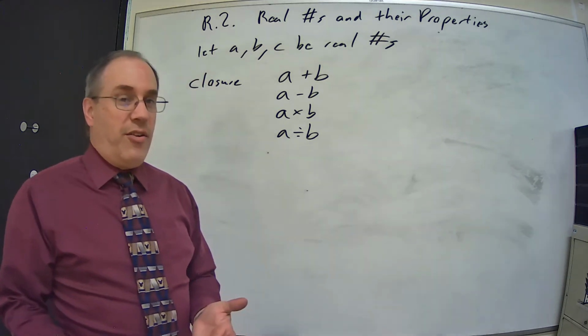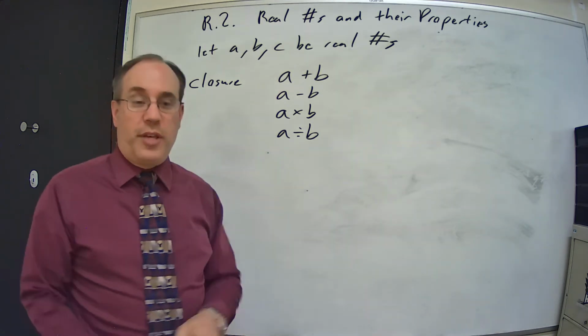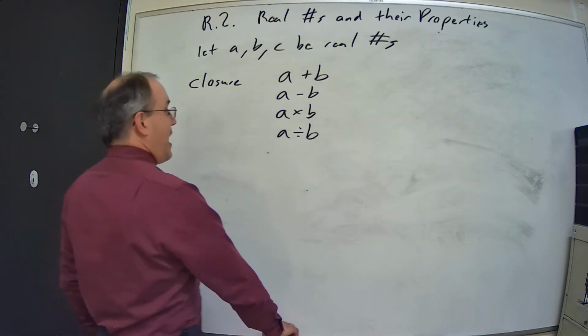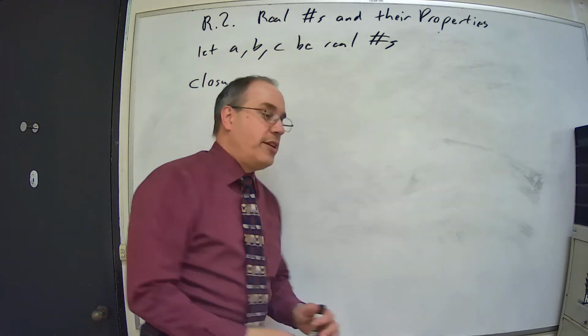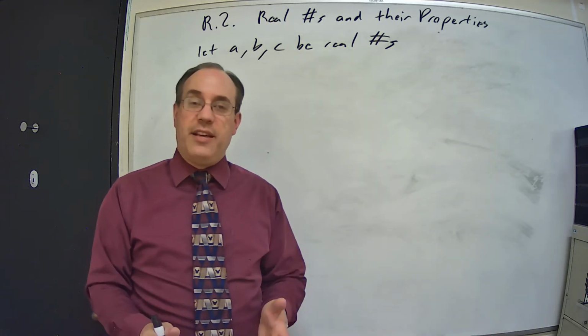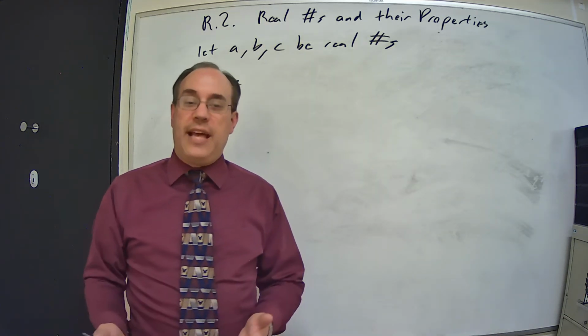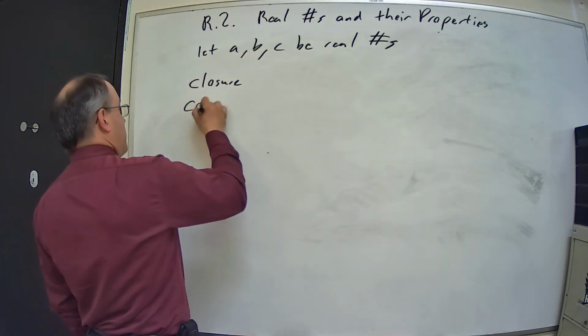So over the set of whole numbers, there is only closure for addition and multiplication. So closure means that when you perform the operation on values within a certain set, the result will also be within that set. Commutative properties.